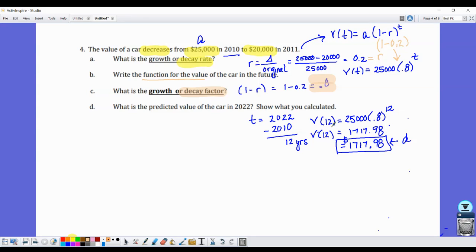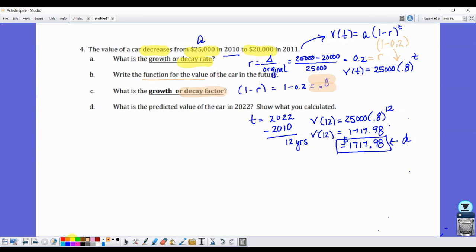And so we're just going to substitute 12 for t into our function up here, and we're going to start with 25,000 times 0.8 raised to the 12th power. And that means after 12 years, that car is worth $1,717.98 if it continues to decay or decrease in value at that same amount.